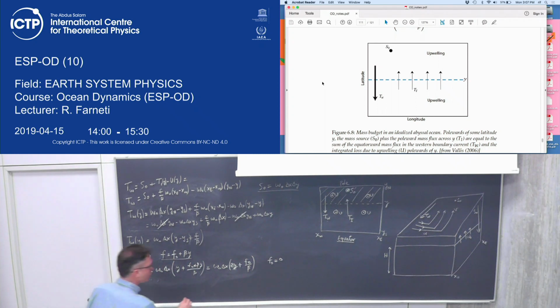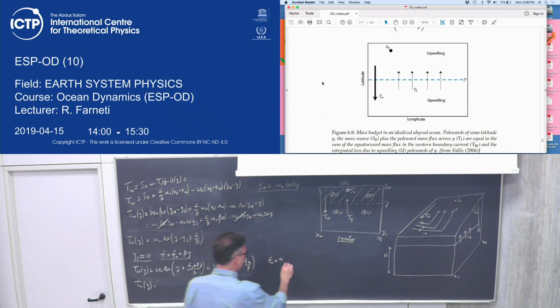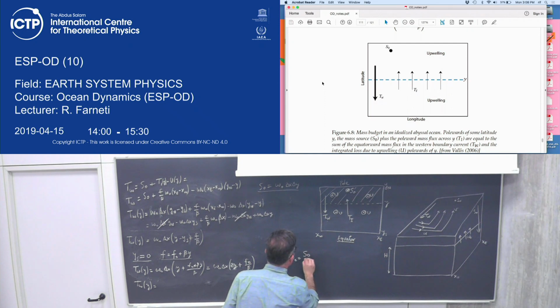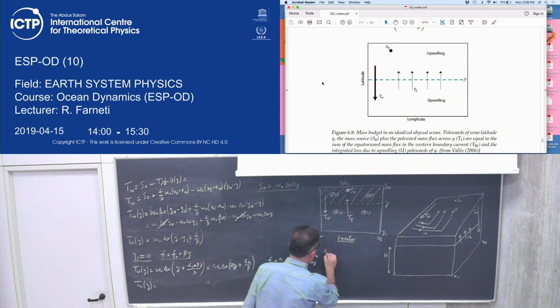So the western transport at some latitude y is equal to, using this expression over here, W naught is equal to S naught over delta x delta y, but delta y is y north minus y south, and y south is equal to 0.